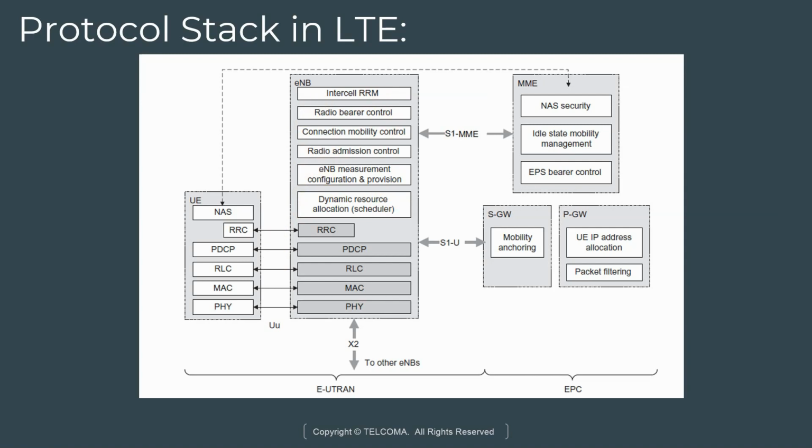A protocol is sort of like a common language that two network entities communicate to each other in at a given layer. If you are familiar with the networking model, say the OSI model or the TCP/IP model, there are multiple layers within those models.